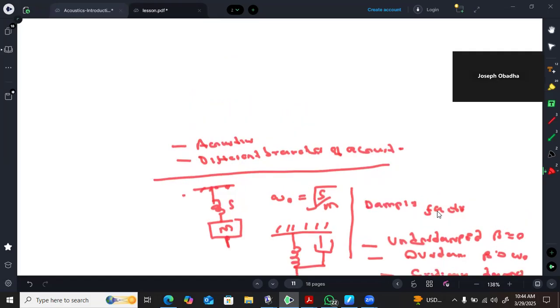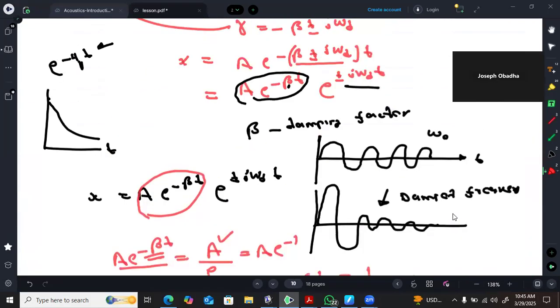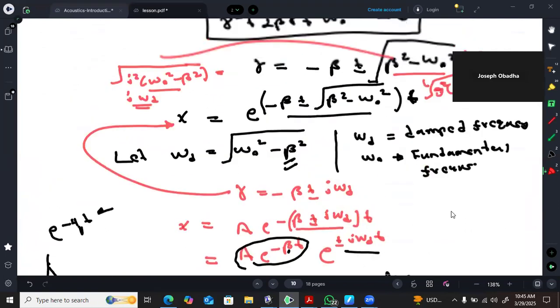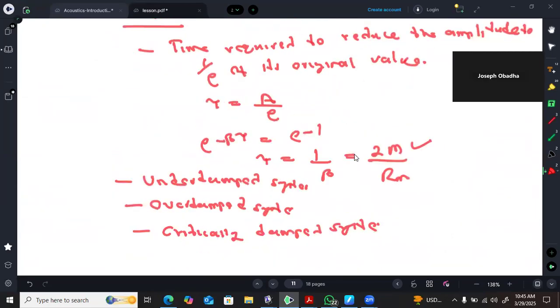Because we are referring to this equation that we have here to determine the extent of the damping.